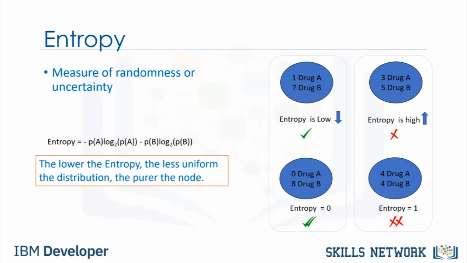You can easily calculate the entropy of a node using the frequency table of the attribute through the entropy formula, where P is for the proportion or ratio of a category, such as drug A or B. Please remember, though, that you don't have to calculate these, as it's easily calculated by the libraries or packages that you use.